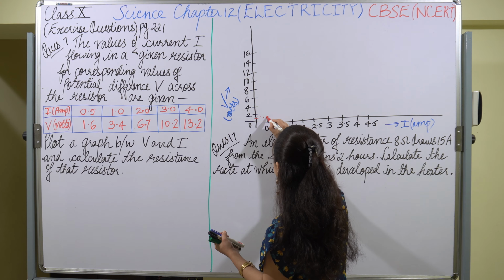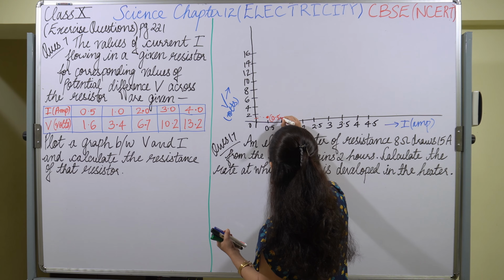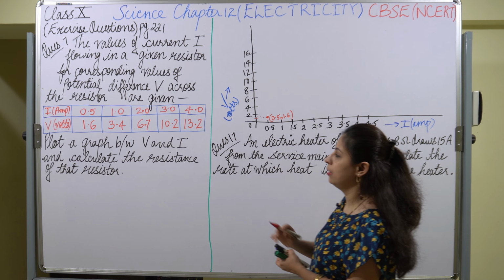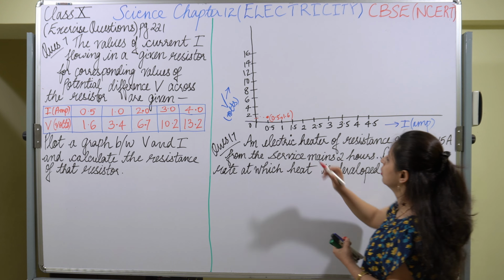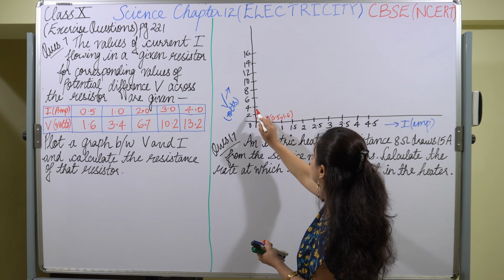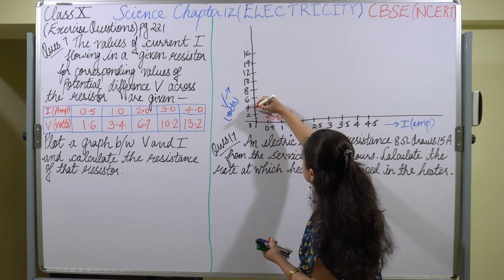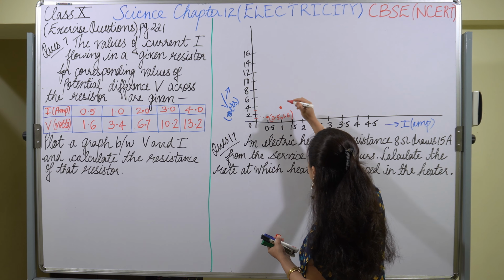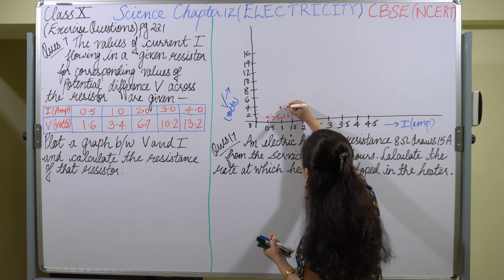So let us mark this point as 0.5 comma 1.6. Then the next value is 1 and 3.4. At 1 the value is 3.4, so I get the point over here.